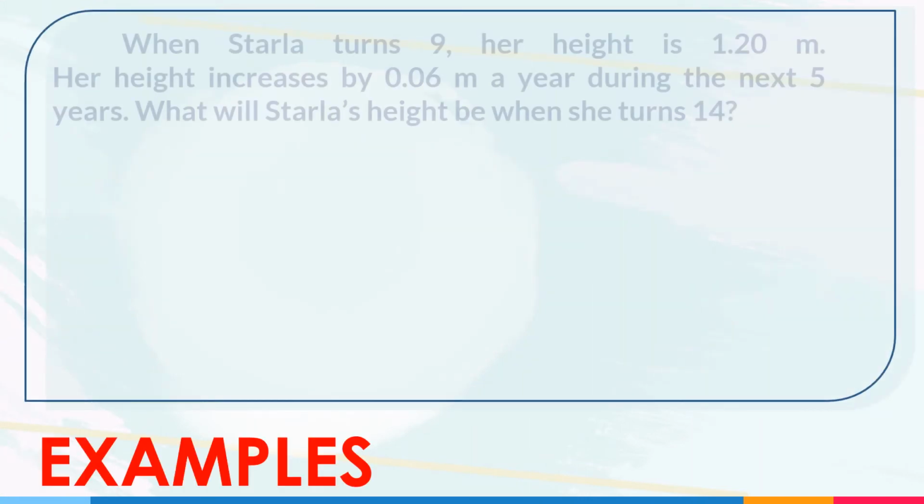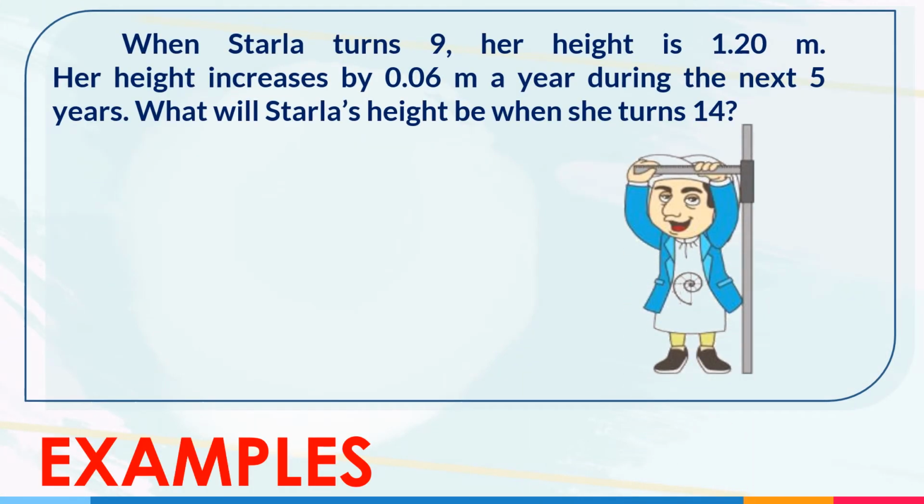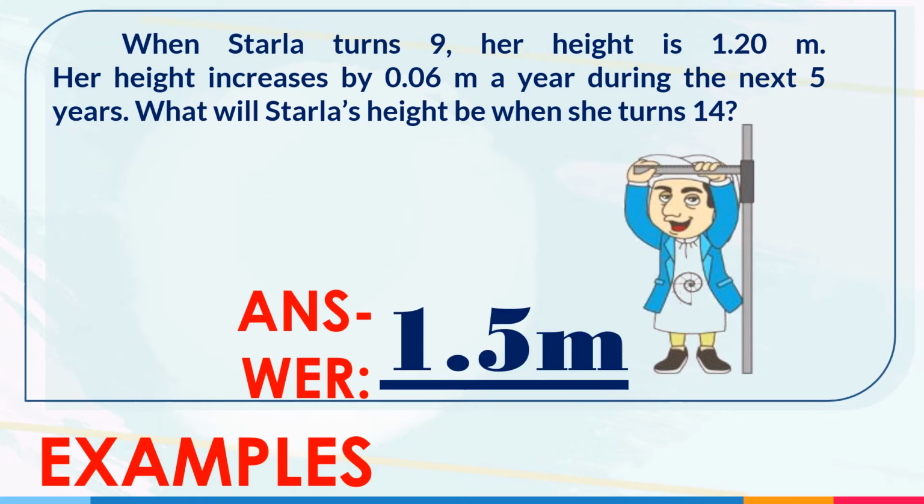Example number 2. When Starla turns 9, her height is 1.2 meters. Her height increases by 0.06 meter a year during the next 5 years. What will Starla's height be when she turns 14? The correct answer is 1.5 meters.